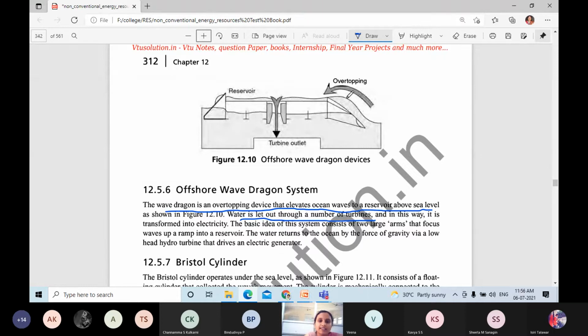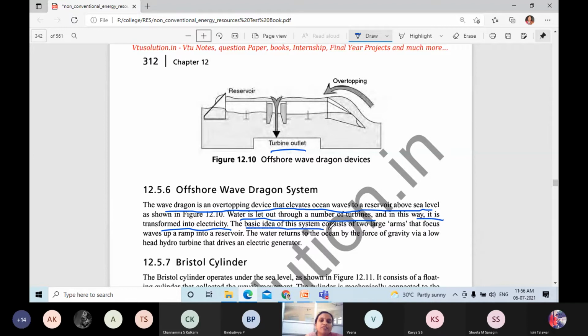Here this is the reservoir and this is the overtopping. The turbine outlet is here. What they are saying is this is an overtopping device that elevates ocean waves to a reservoir above sea level, and water is let out through a number of turbines and transformed into electricity.